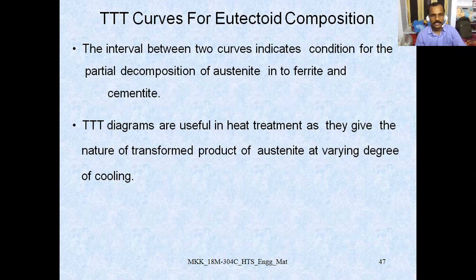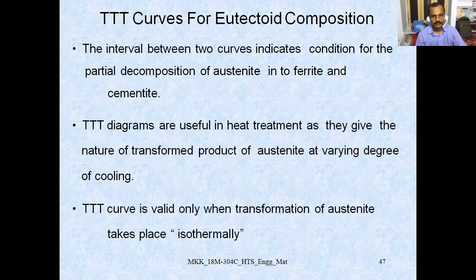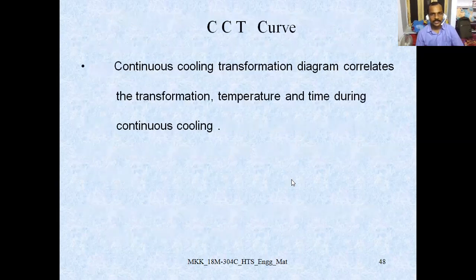How the transformation occurs is shown by the triple T curves. Whenever the transformation of austenite takes place isothermally, then only is the triple T curve said to be a valid curve. So that was the triple T curve.